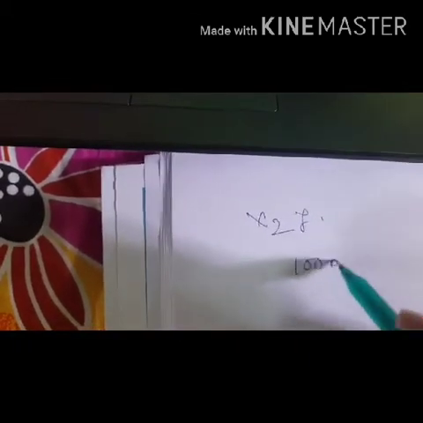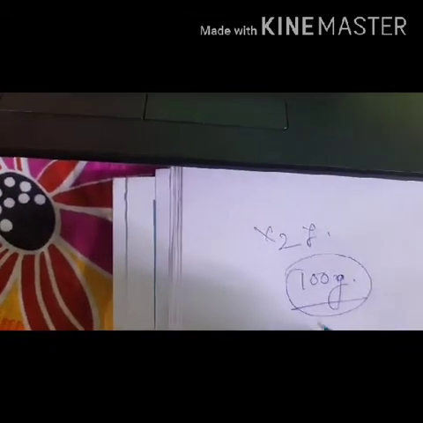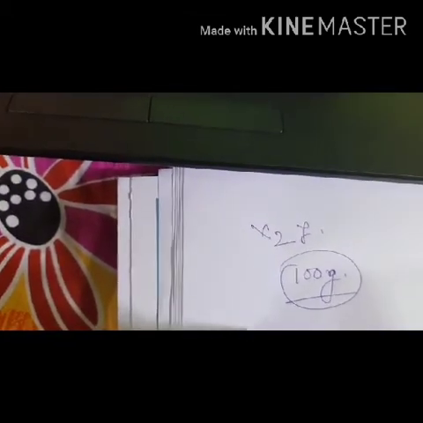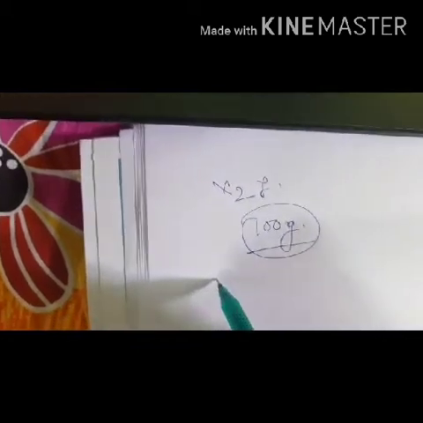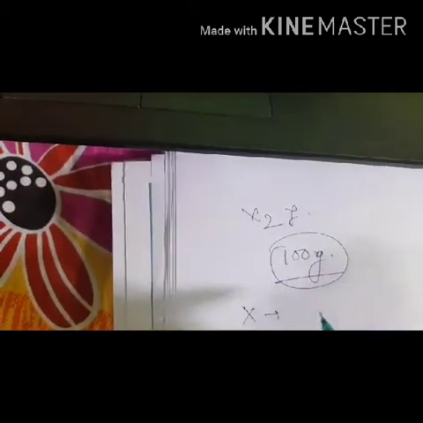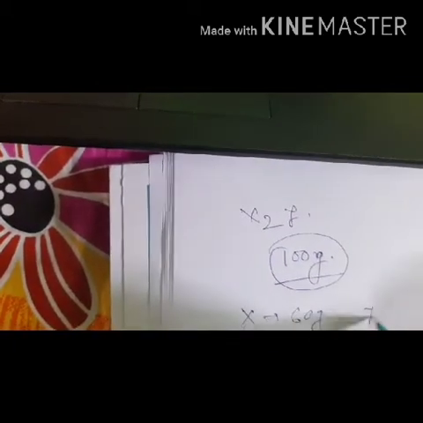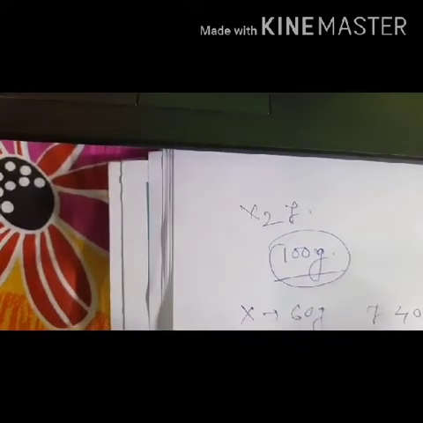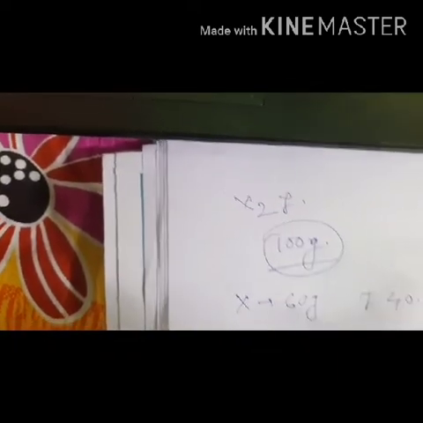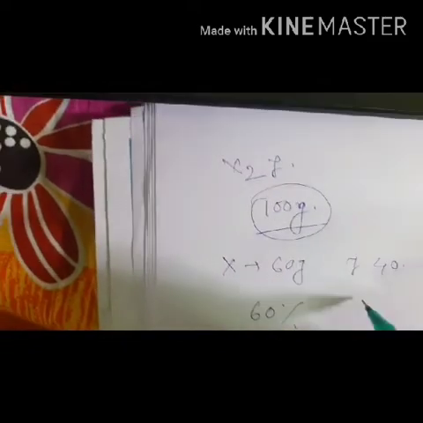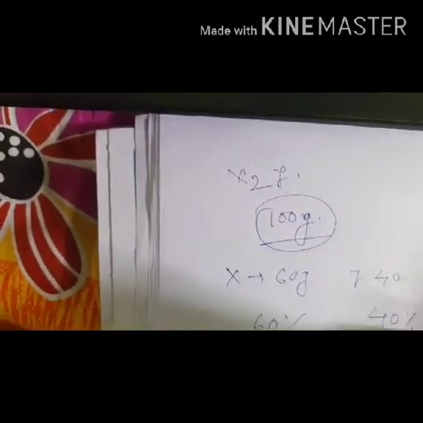Suppose X is present here 60 gram and Y is 40 gram. So that means 60% is the mass percentage of X and 40% is the mass percentage of Y.